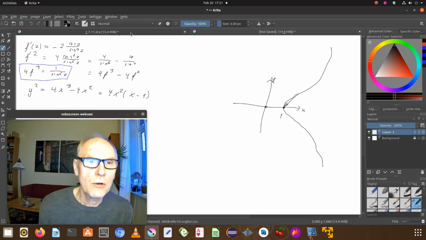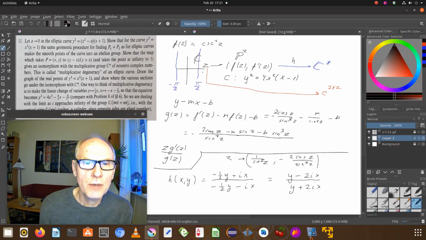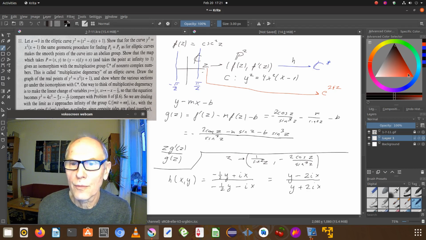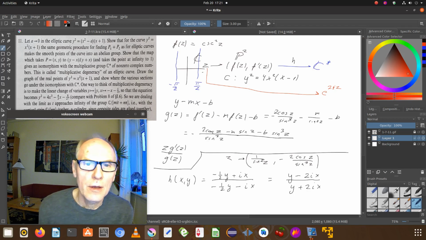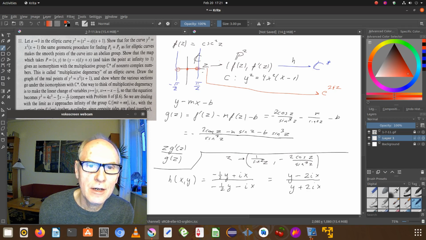And now if we go back, where does it come from here? I believe it comes from the interval from, it's 1 divided by sine, so let's say it comes from here. And this maps to infinity.